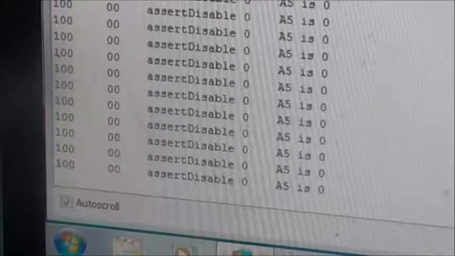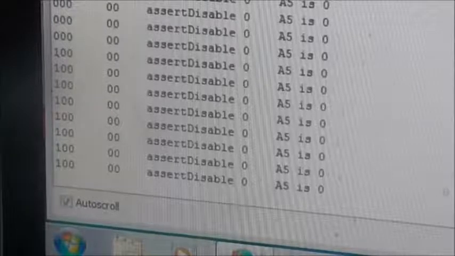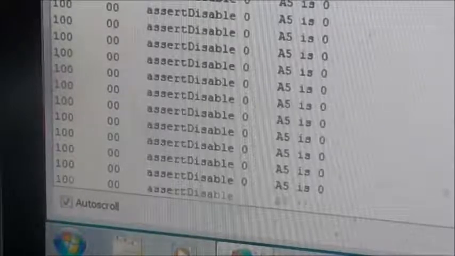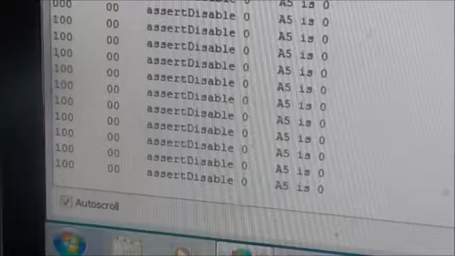That's the PIR sensor, so every time I move in front of the PIR sensor it will change to 1. If I sit very still, hopefully it should change to 0 and stay at 0. Nope, I'm too much in front of the PIR sensor for that.